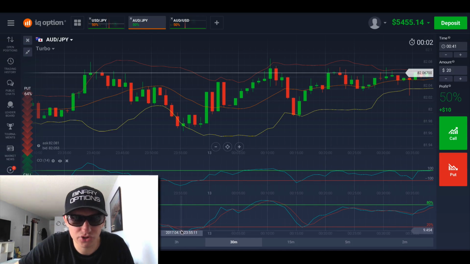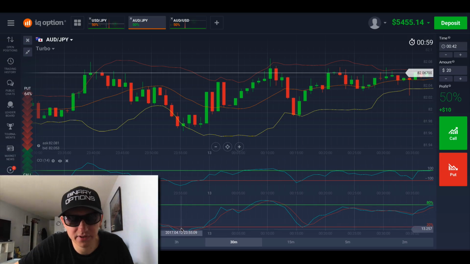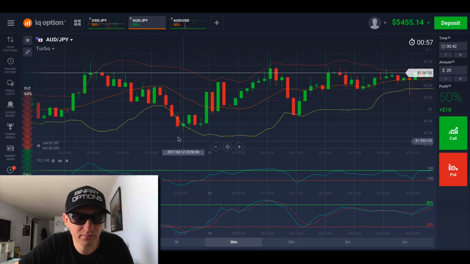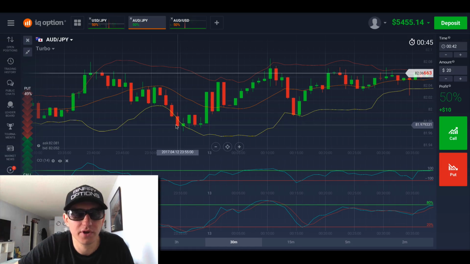The stochastic shows us the 20% level breach, and we have 4 candles showing us the downwards movement. And the same thing I would do for the call stake.